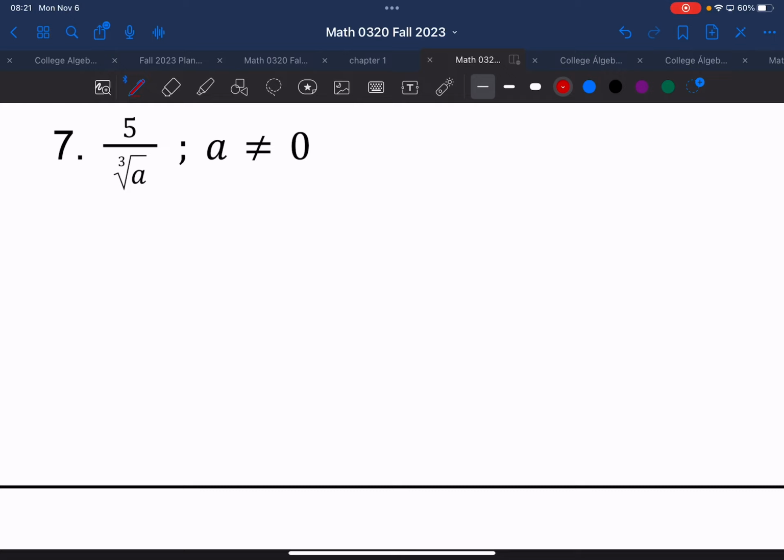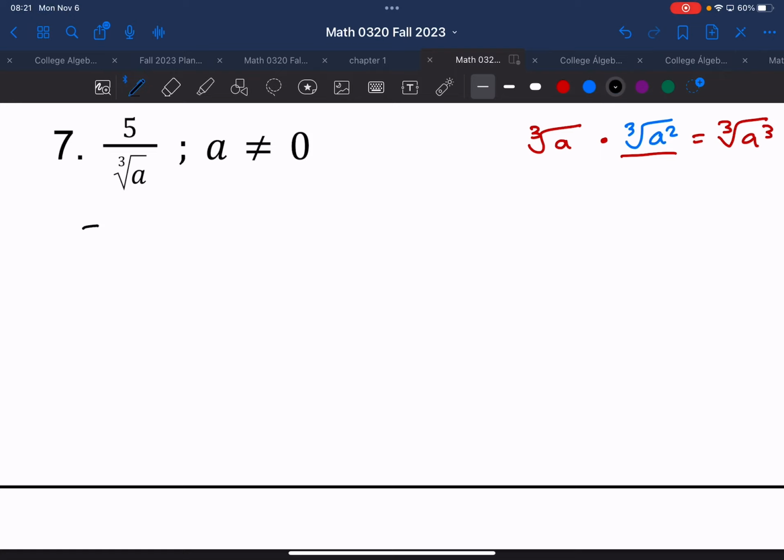So in order to cancel out the cube root of a, we would need a cube root of a what? In order for this to cancel out, what would we have to multiply it by to get the cube root of a cubed? That's what we're trying to find. Oh, a squared. So the cube root of a squared.